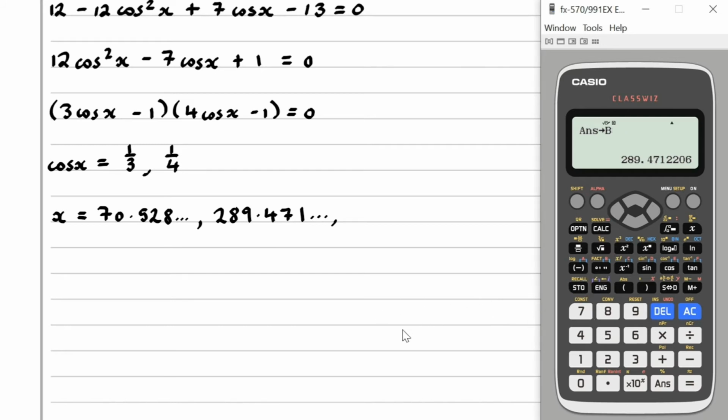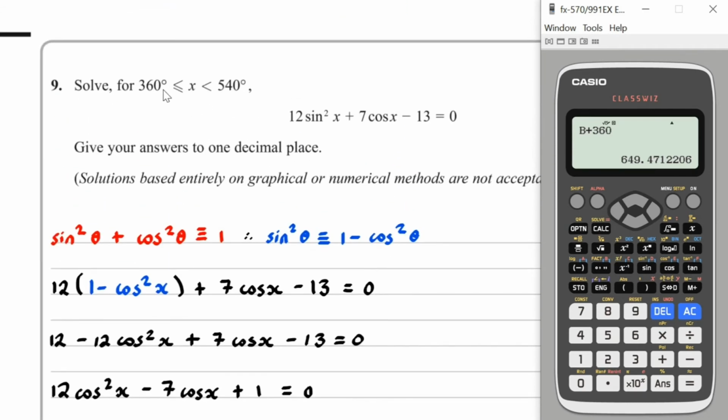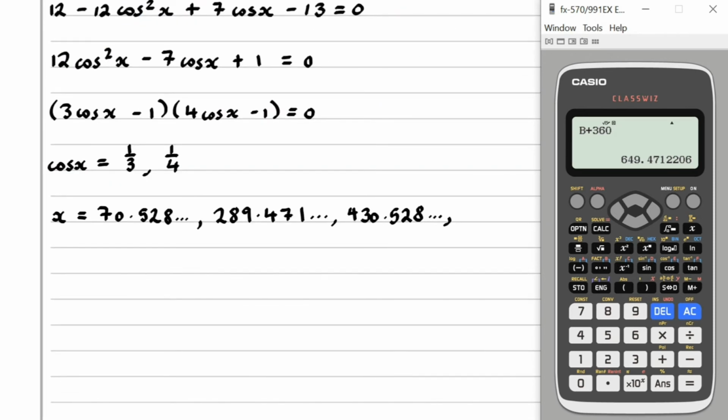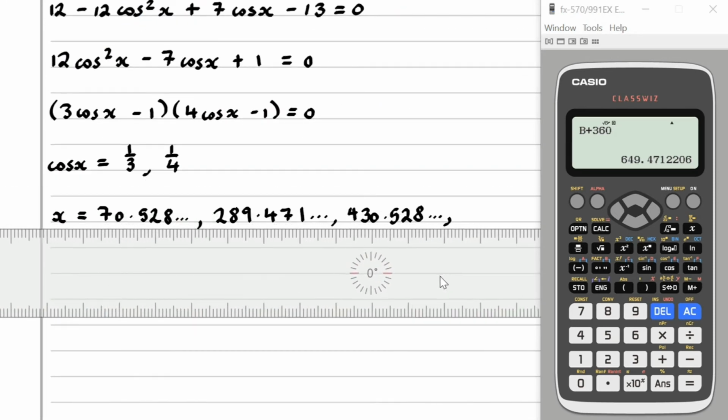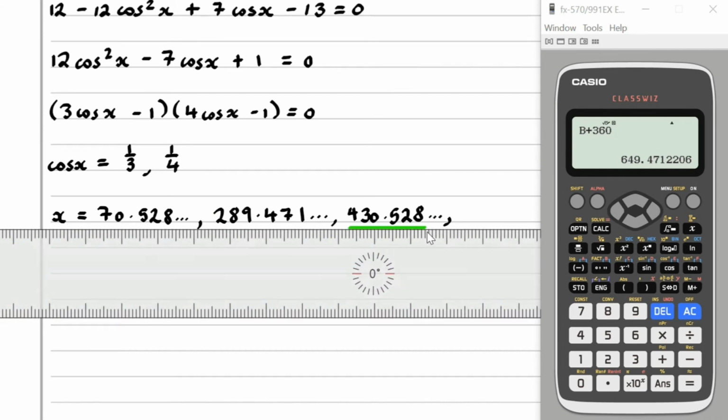And then what we're going to do is add on our repeats of 360. So if I take my value of a and then add on 360, it turns out my next value will be 430.528, etc. And if I take my value of b and add 360 to it, I get something which is outside the required interval between 360 and 540. And so what we have here is one of the values we require.